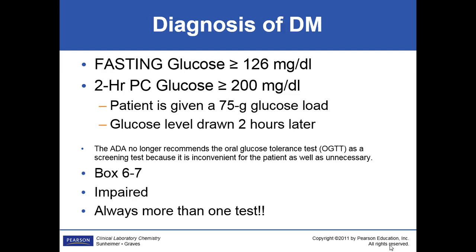Okay, how do we diagnose it? Well, we know the term is fasting. For glucose, generally we say an overnight fast, so that's like 8 to 10 hours. Sometimes some tests need a longer fast, but generally don't eat anything after midnight and come in first thing in the morning and have your blood collected.